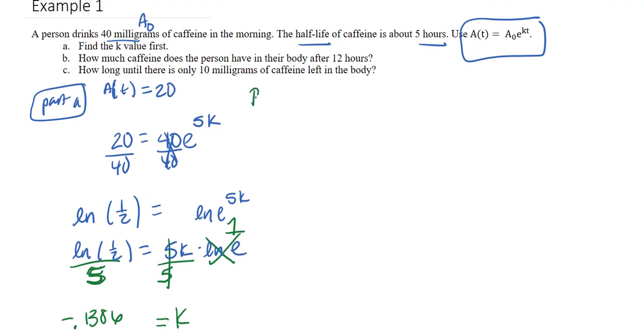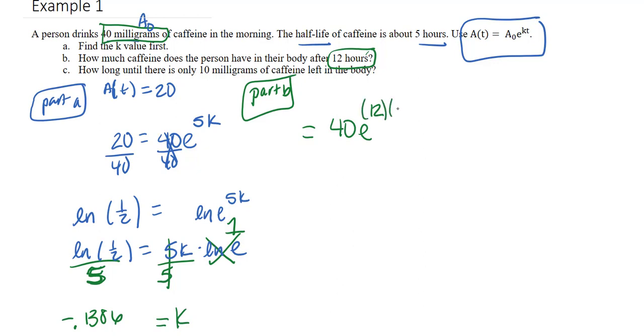So now let's do part B. We solved for K, so now we can use that. How much caffeine does the person have in their body after 12 hours? What's important to remember is that the 40 milligrams is going to stay with us. So we still have the 40 milligrams as our starting amount. We have e. Now we have 12 as our time, not the 5 like in the first part.